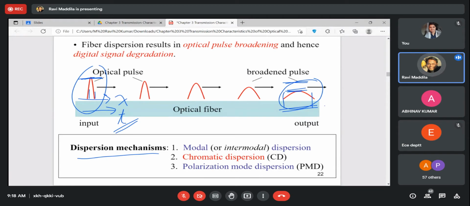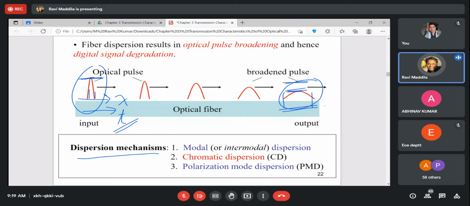The first thing is modal or intermodal dispersion. This is a common phenomenon in optical fibers wherein the fiber is multimodal, meaning there are multiple modes propagating along the fiber.